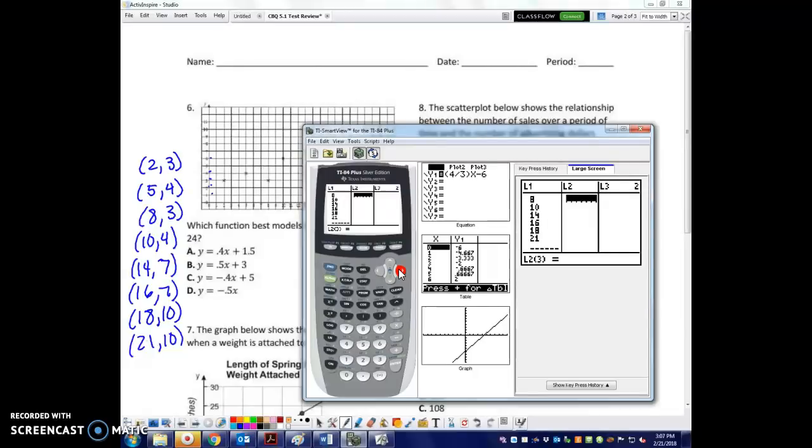And then we have 3, 4, 3, 4, 7, 7, 10, 10. Oh boy, what happened? Oh, I didn't go all the way up, sorry.